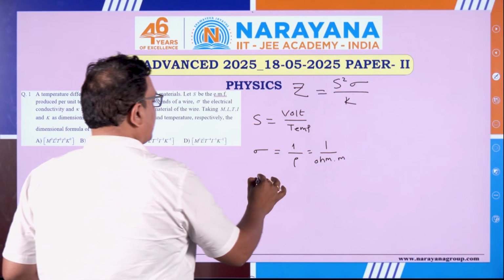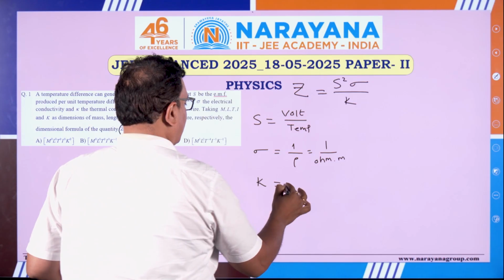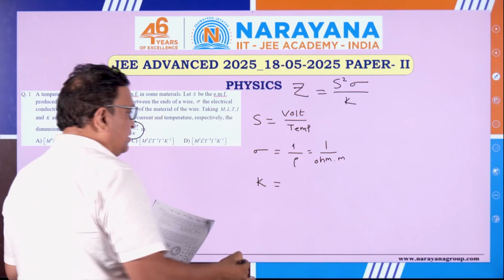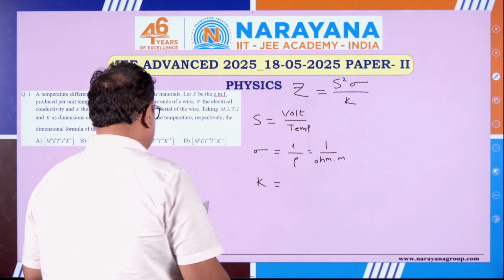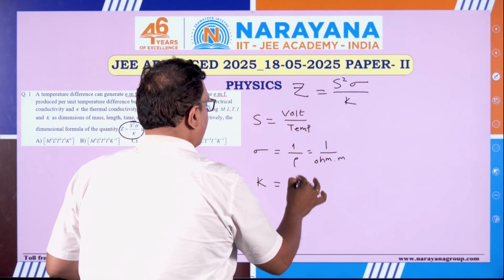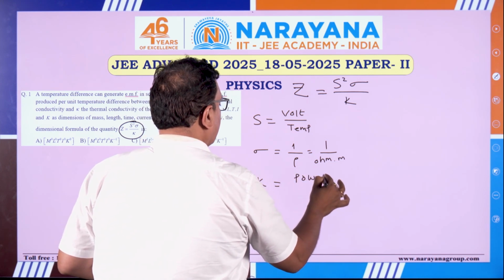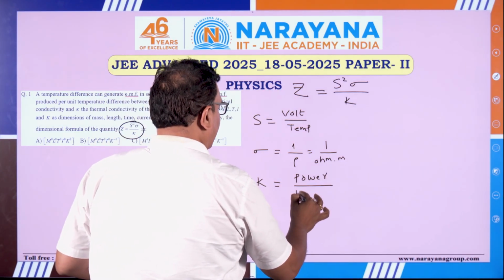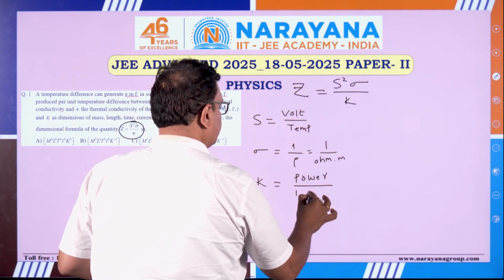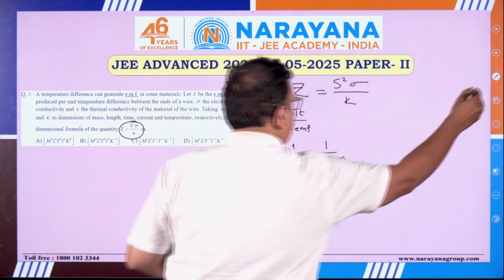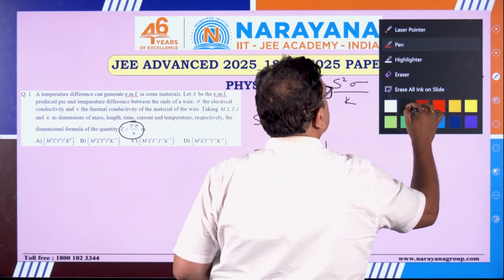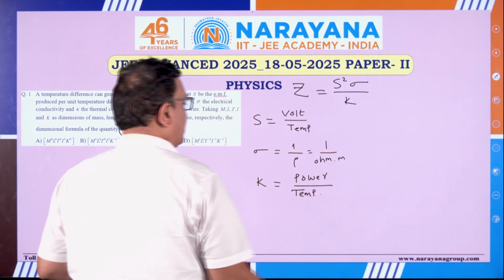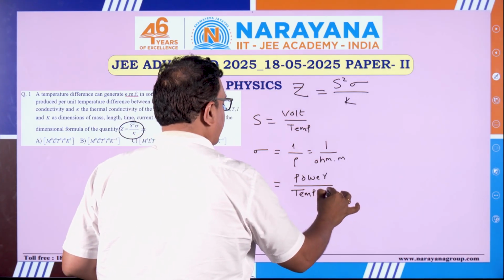K is the coefficient of thermal conductivity, and its units are very clear: power by Kelvin, temperature term again, and length, meter.